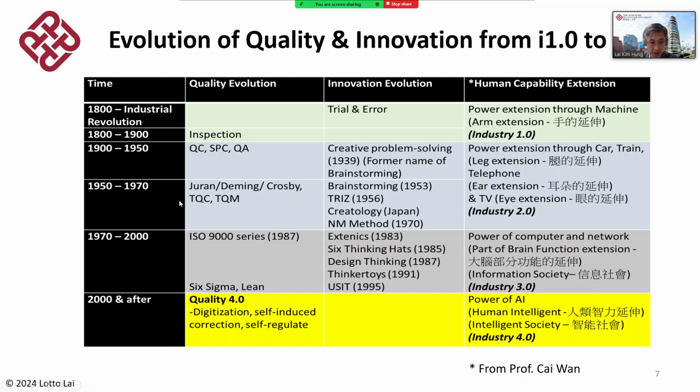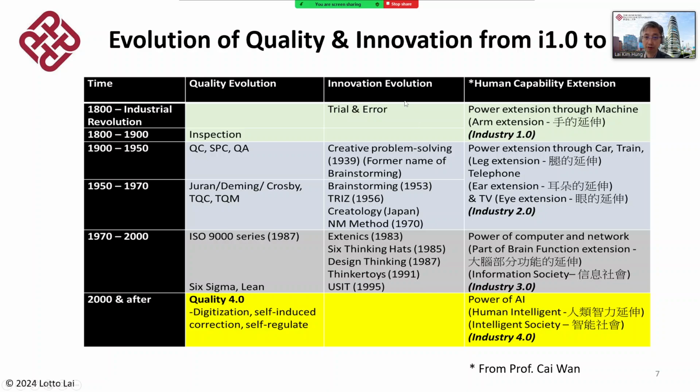In the industrial 2.0 period, we have TQM until 1970. And from 1970 to 2000, we start the ISO 9000 series. And after 2000, we go into quality 4.0: digitalization, self-correction, self-regulation. It is the quality evolution.